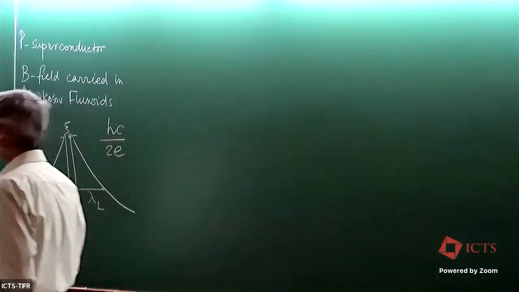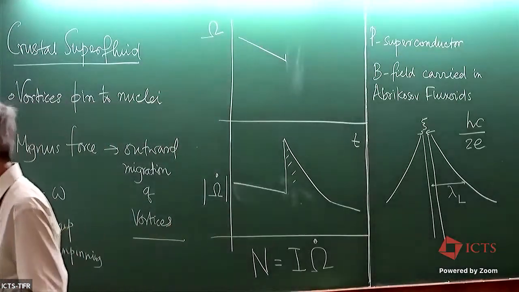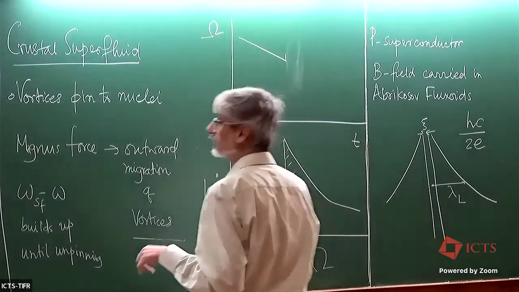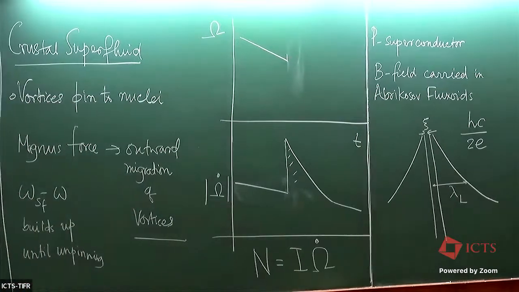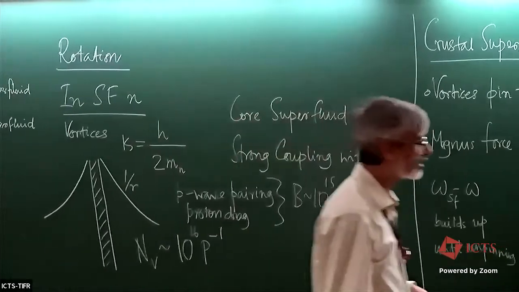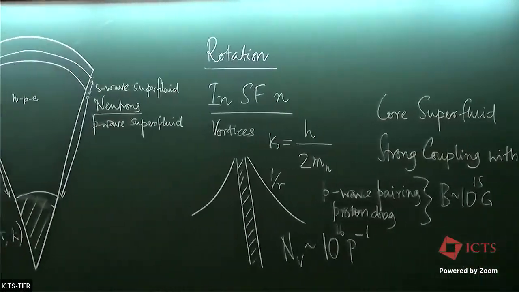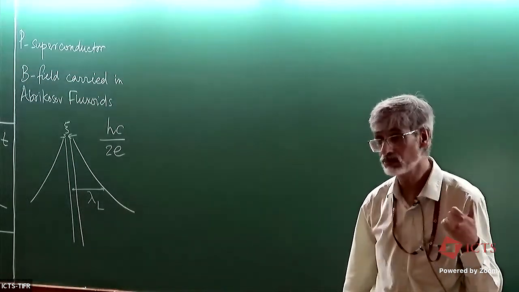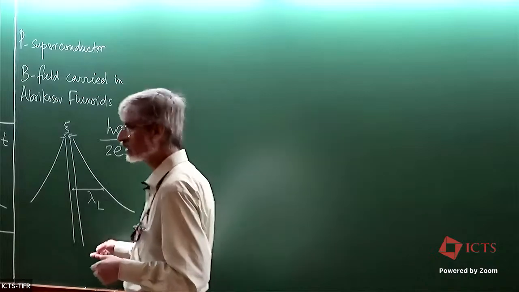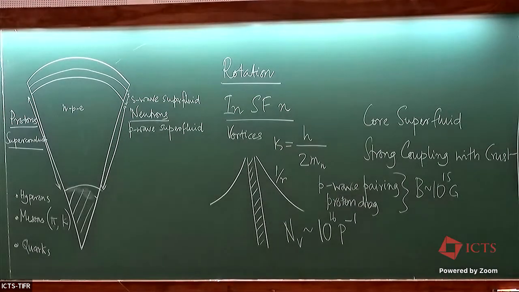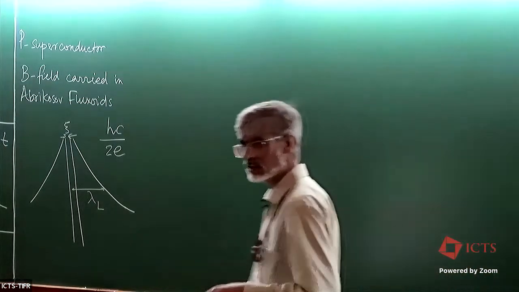So the core superfluid, in addition to these electron scattering communication with the crust, will also find additional inhomogeneities, which are these fluxoids. And this proton superfluid is actually co-rotating with the crust. So these fluxoids are going to co-rotate with the crust.